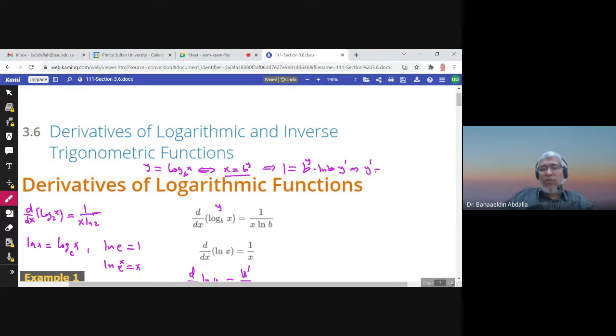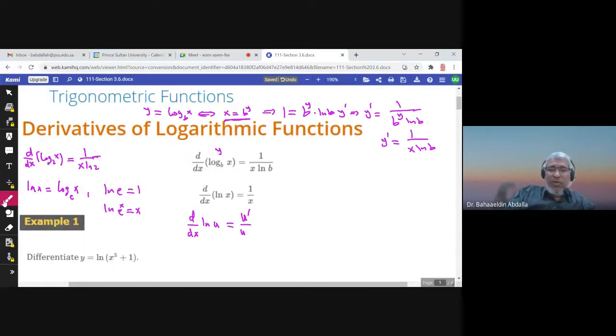So y prime would be 1 over b to the power y times ln b, but b to the power y is x. So y prime is 1 over x times ln b, and that's the proof of the formula. So that's the derivative of log x to the base b.